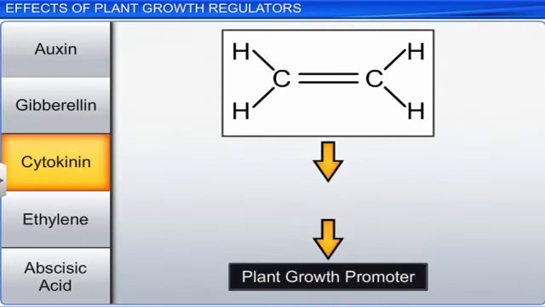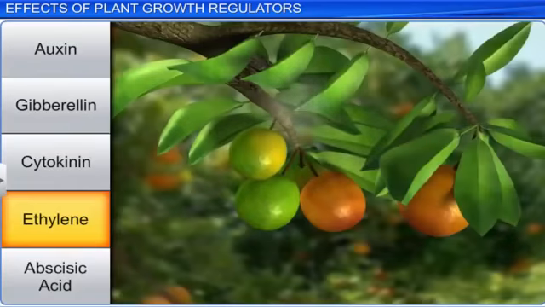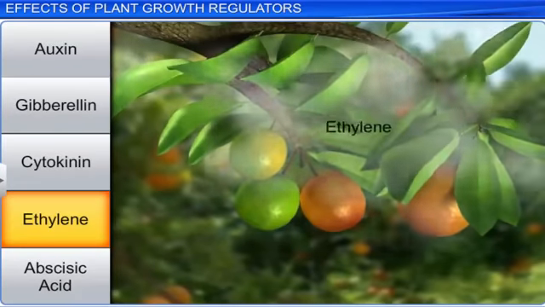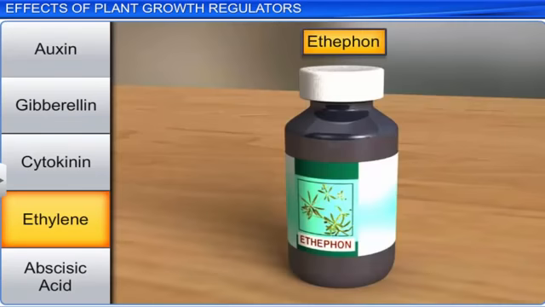Another growth promoter, ethylene, is present in plants in gaseous form. It is synthesized in the organs of plants that undergo senescence, such as ripened fruit. Commercially, it is available in aqueous form, ethephon, which can be easily absorbed by plants.